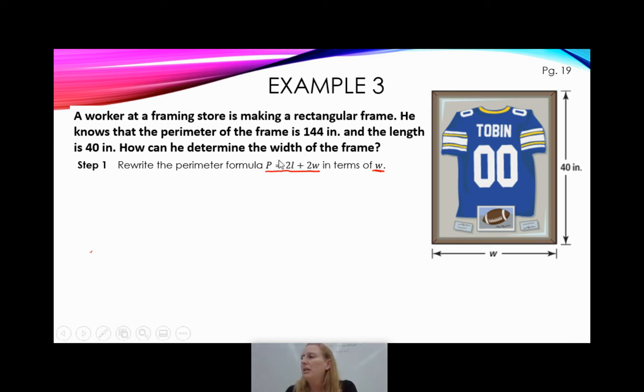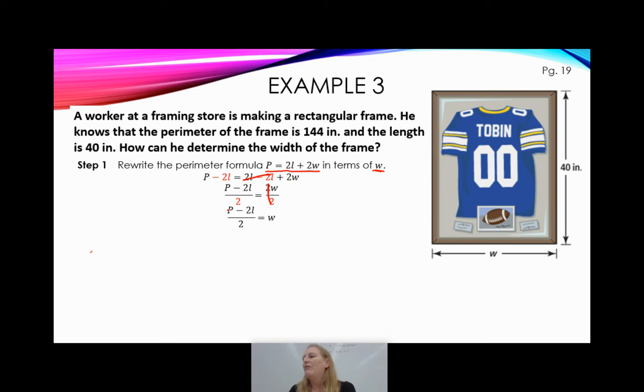So I'm going to take my P equals 2L plus 2W, and I'll start by subtracting 2L from both sides so that these will cancel out. So I now have P minus 2L equals 2W. To get my W completely alone and solve for W, I'll go ahead and divide both sides by 2. So that's gone, yay.